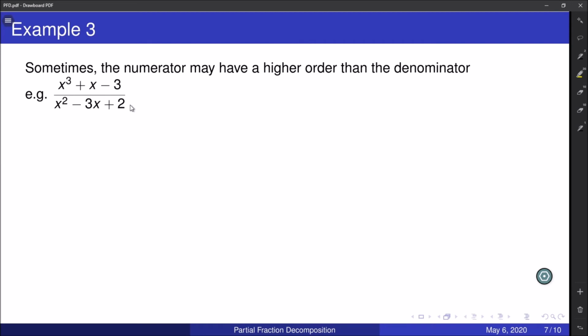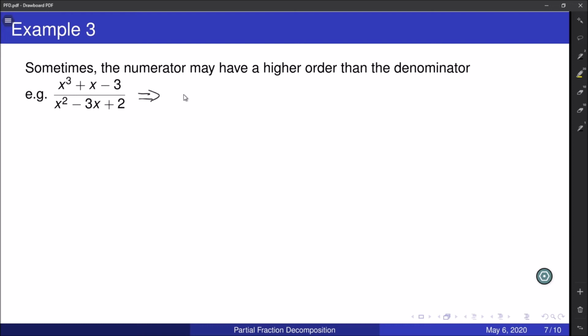But what we can do is factor something out of the numerator, so what's left is strictly of lesser degree than the denominator.